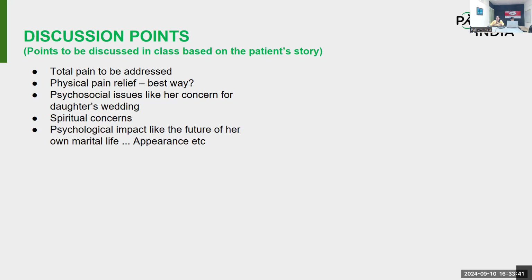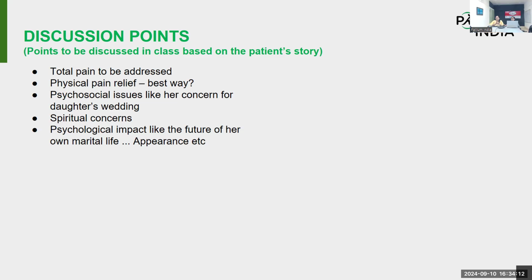If not, continue the medications as such. You can reduce the dose of morphine if indicated. Indicated means the patient has some toxic signs, so you don't want to continue with the morphine. In such a situation, you can reduce the morphine or switch to some other opioid.